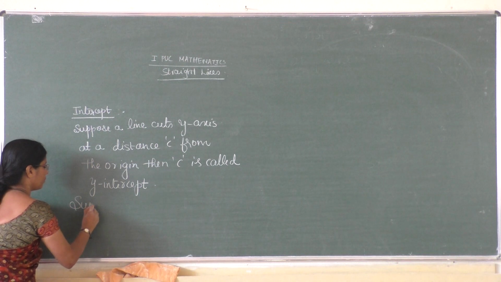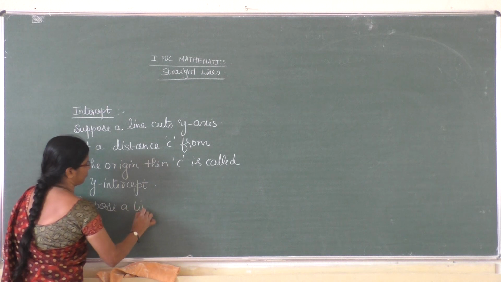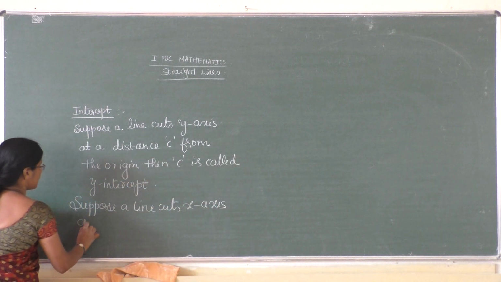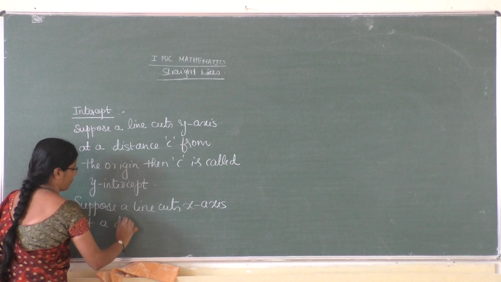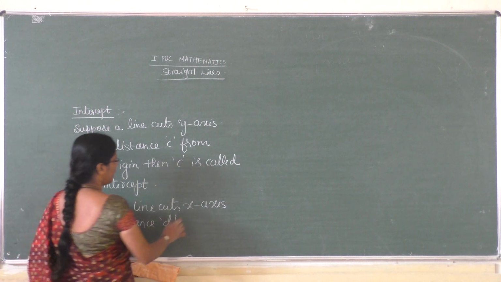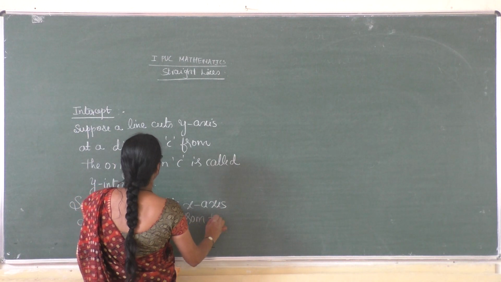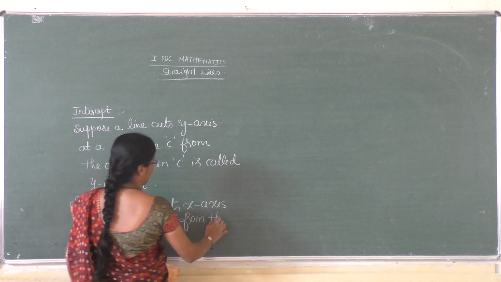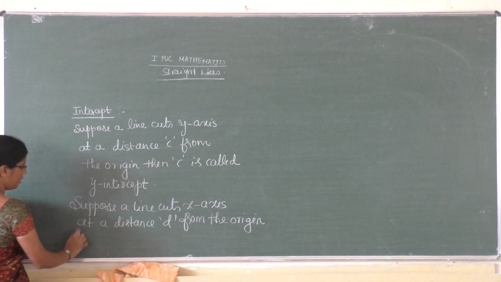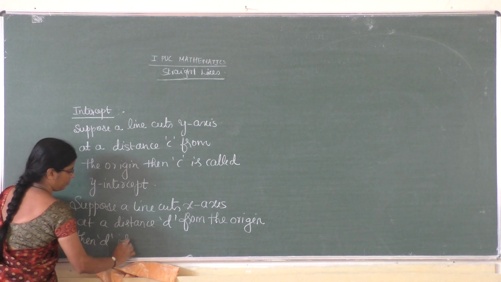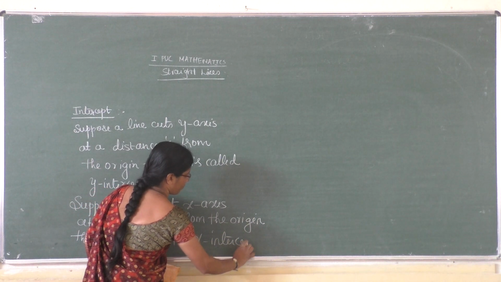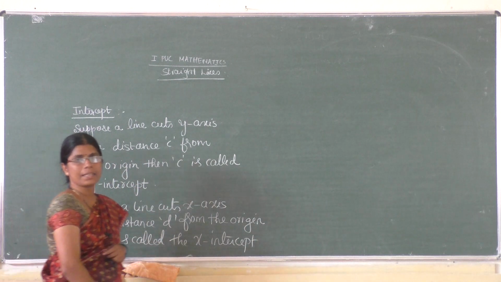Suppose a line cuts x axis at a distance d. ಇದು ಜನರಲ್ ನೊಟೇಷನ್ ಅಷ್ಟೇ, c ಮತ್ತೆ d from the origin, then D is called x-intercept, okay. That D is called the x-intercept, okay.